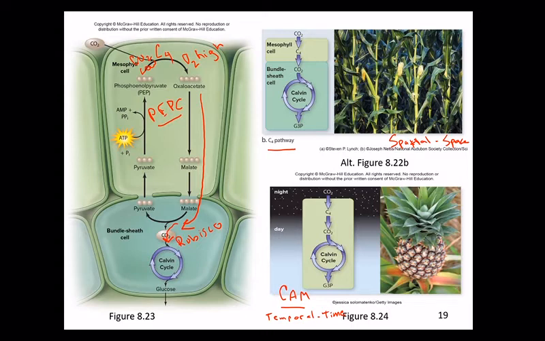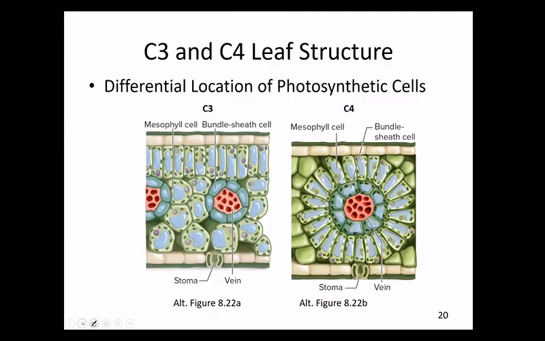This pathway is placed in the mesophyll cells, and these cells are near the surface of the plant, near the opening of the leaves. As we can see in this image, the mesophyll cells are these outer cells here, and they are exposed to the area outside where carbon dioxide is low and oxygen is high.